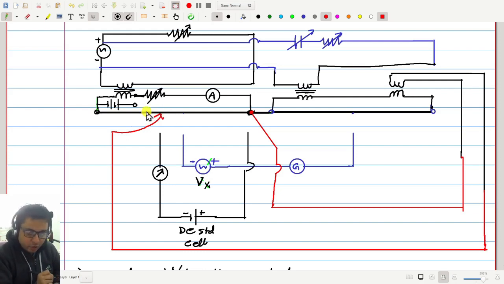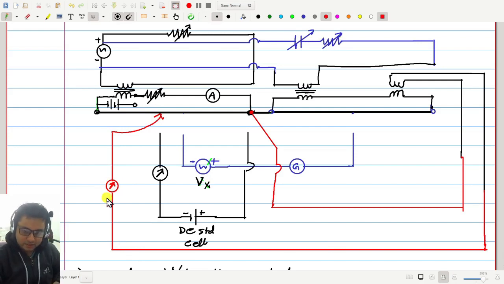Now I will keep this jockey at a suitable position, fixed at this position, and adjust these two until I get null here. To detect null I need a galvanometer in series.